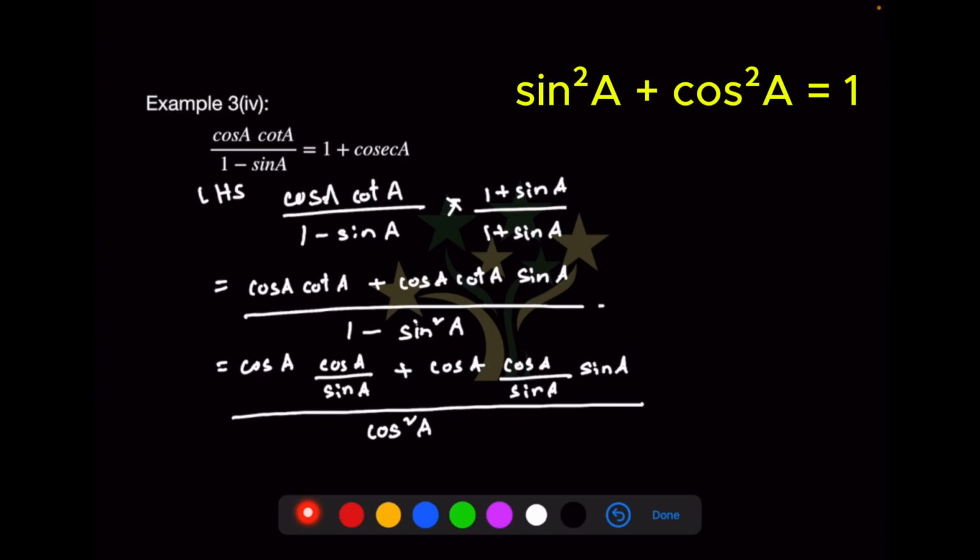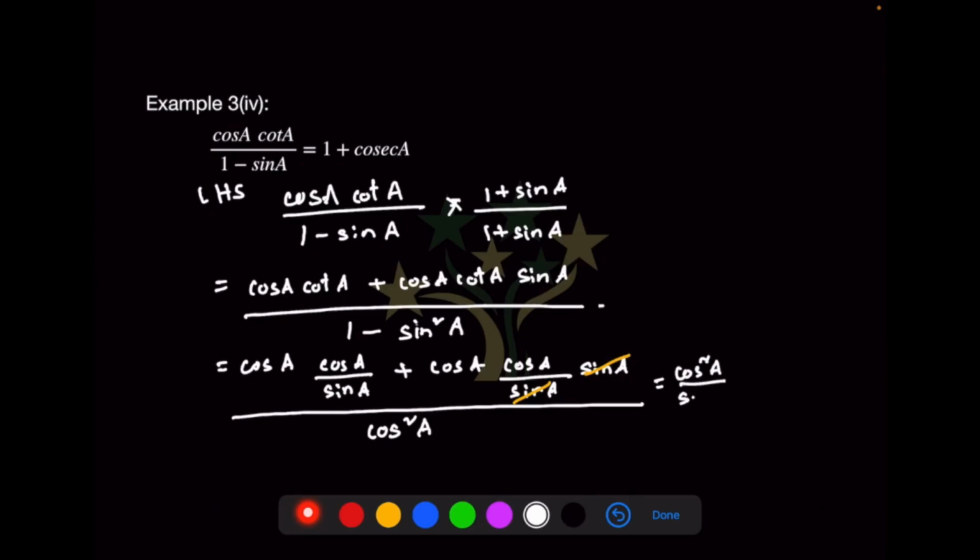So let's simplify. Here the sin terms get cancelled. We are left with cos square A by sin A plus cos square A, whole divided by cos square A. So let's simplify.